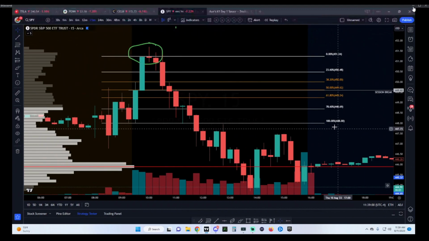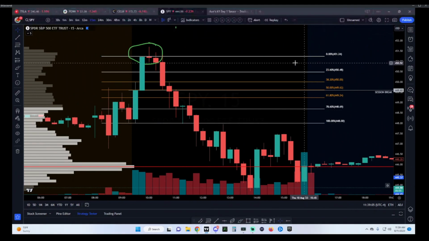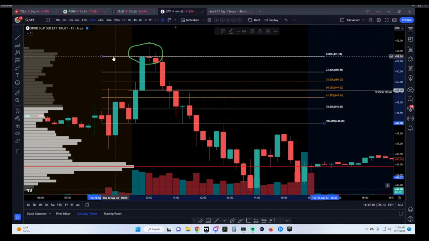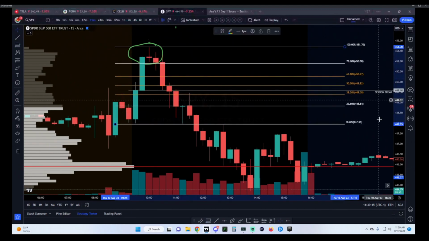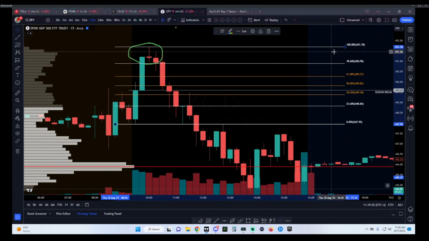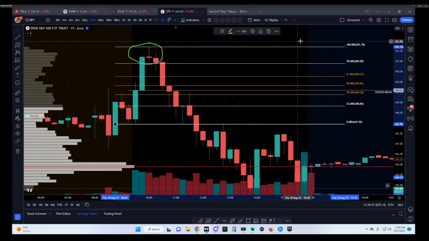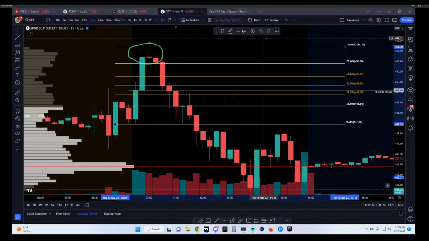My extension is going to swing down for any bearish move, meaning my 100 is at the bottom and my 0 is at the top, right? And that is for anything bearish. Anything bullish is going to swing upwards, so my 0 at the bottom and my 100 at the top. That's reversed, sorry, my brain just farted there. If it's bearish, then 100's at the top, 0's at the bottom, and vice versa.